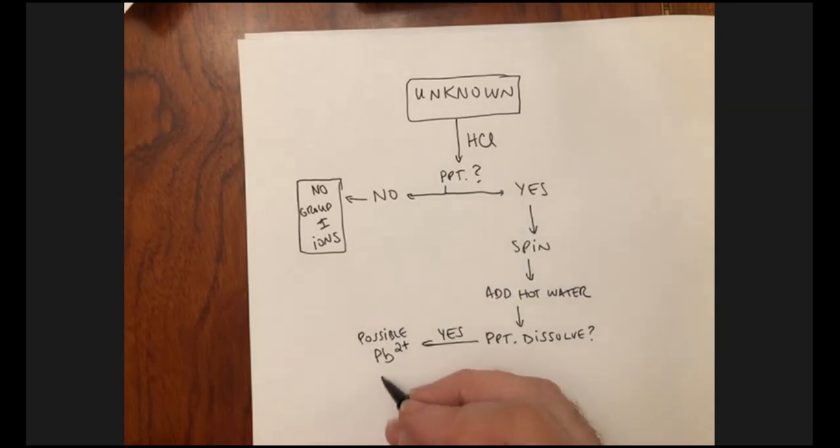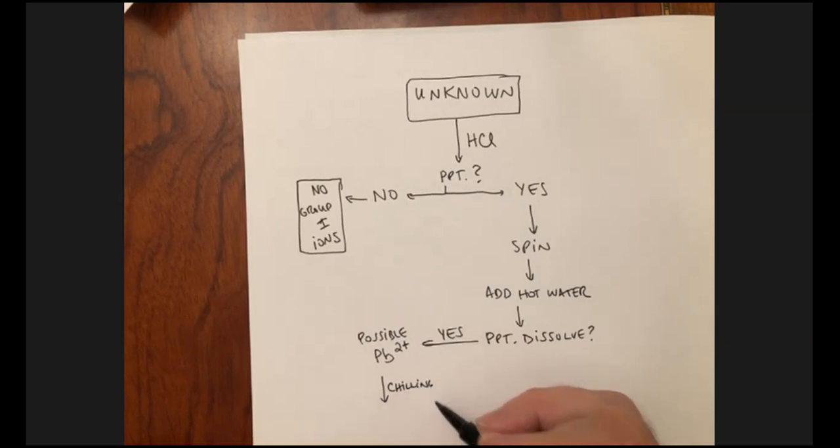And so you will have to confirm by chilling and asking, do I get a precipitate here? If the answer is yes, then that means that this confirms the presence of lead ions.